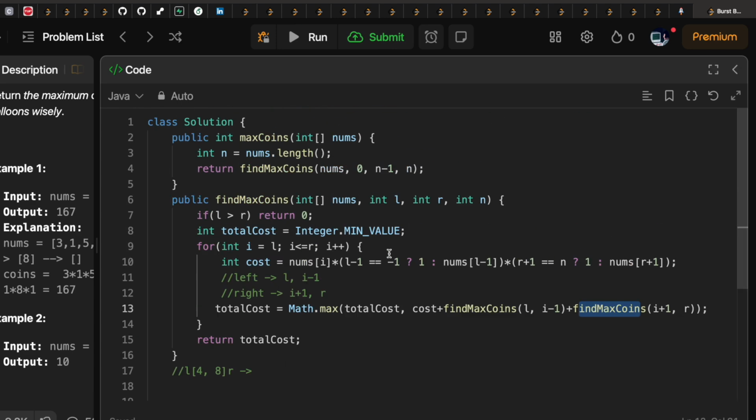Suppose we have 4 and 8, so if we burst 8 at the end, that means at the end we are left with, on the left of the 8 we have only 1, on the right we have only 1.